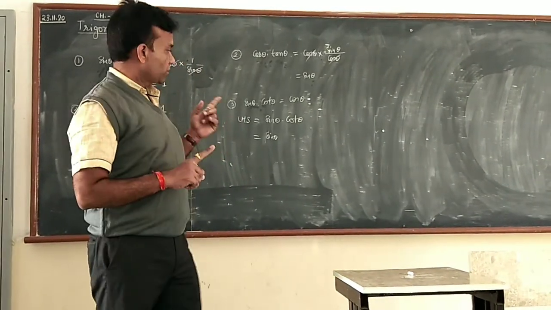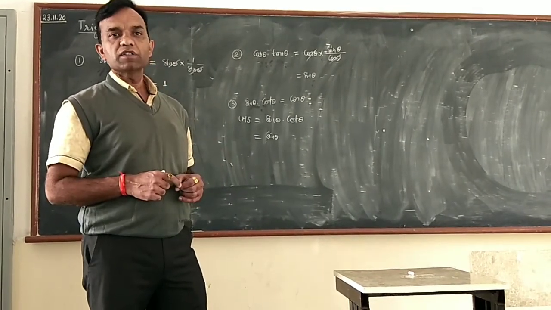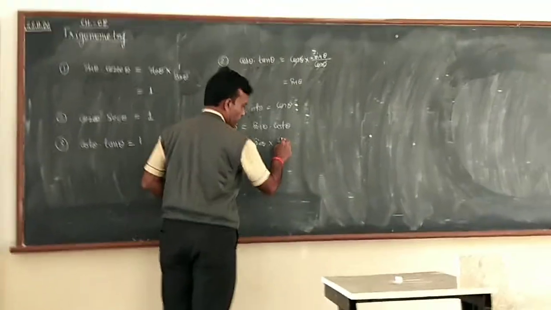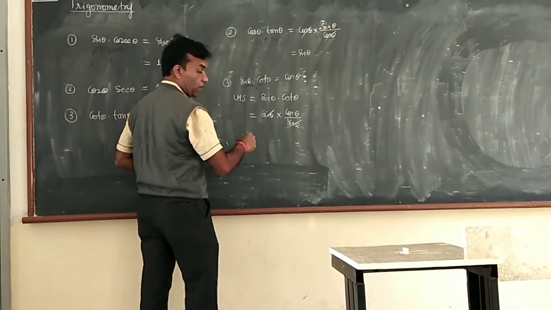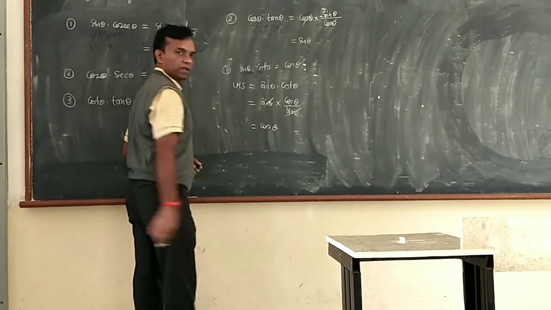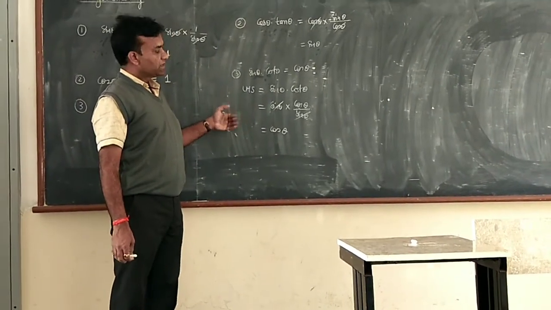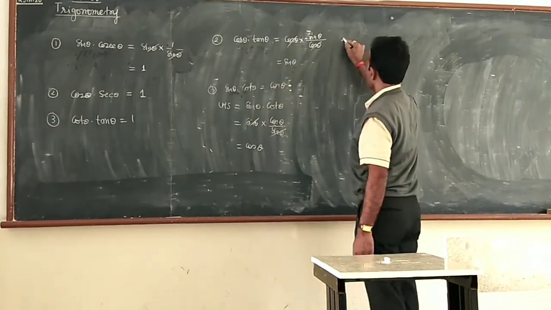One formula for cot is 1 by tan, but another is cos by sin. So you write cot as cos theta by sin theta. So the answer is cos theta, cos theta, not cot. Very easy result in 3 steps. Similarly, you apply the same concept for the other one.